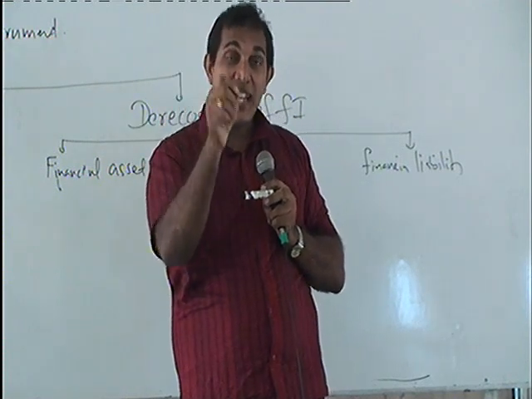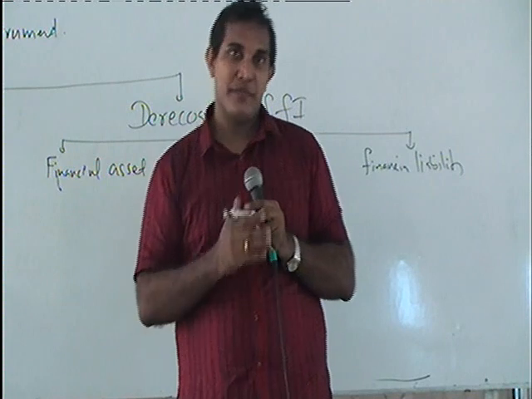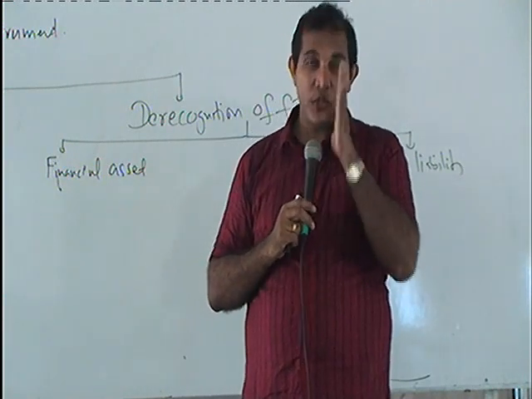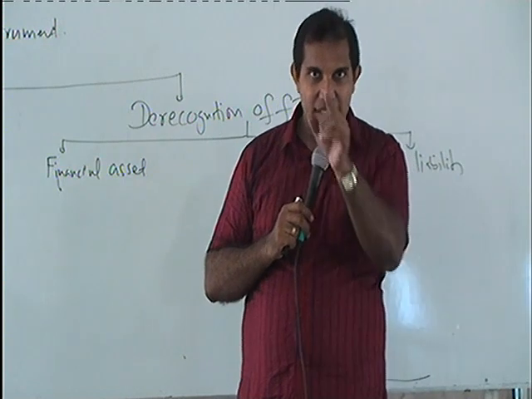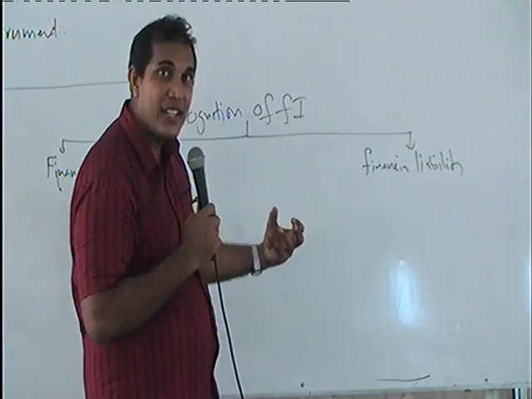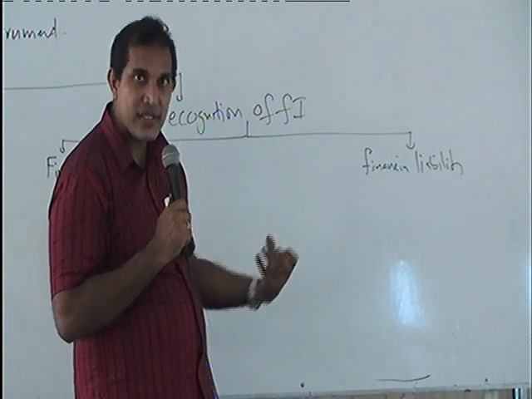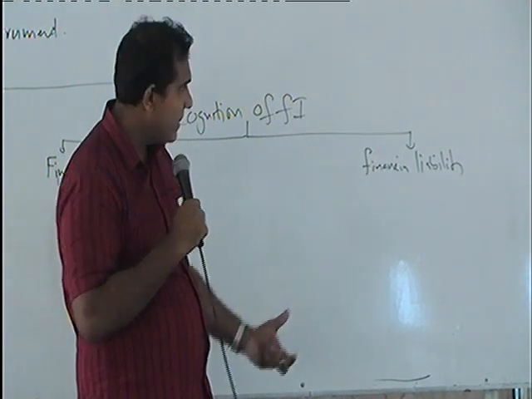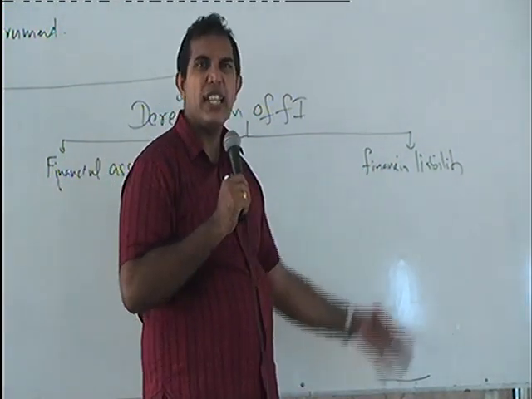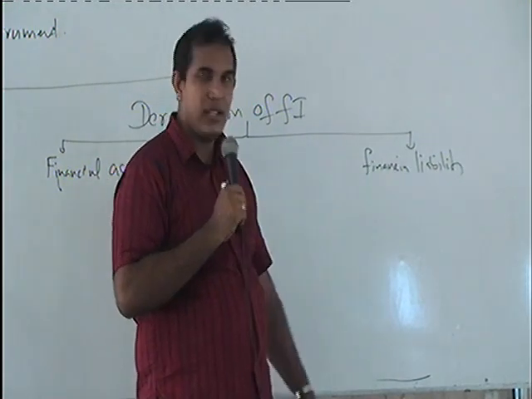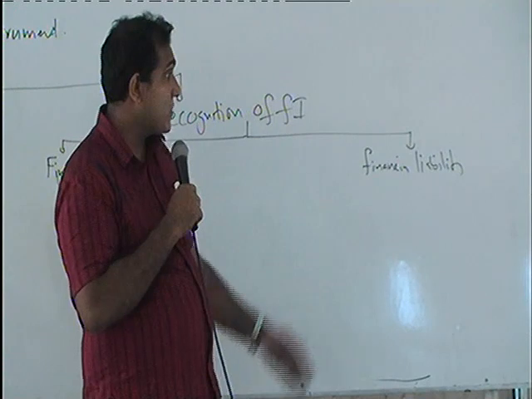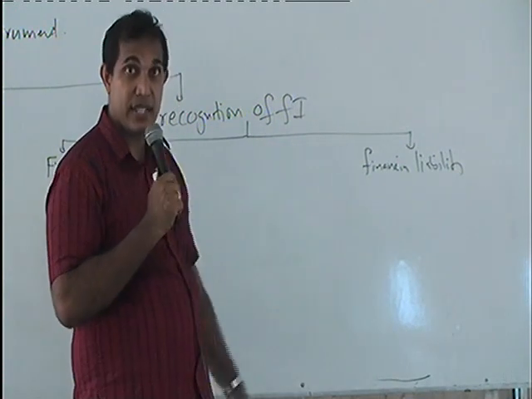For that, we need to use a decision tree. That's why I said there are many things to be discussed. But for financial liability, only 3 things are to be discussed when it comes to derecognition.